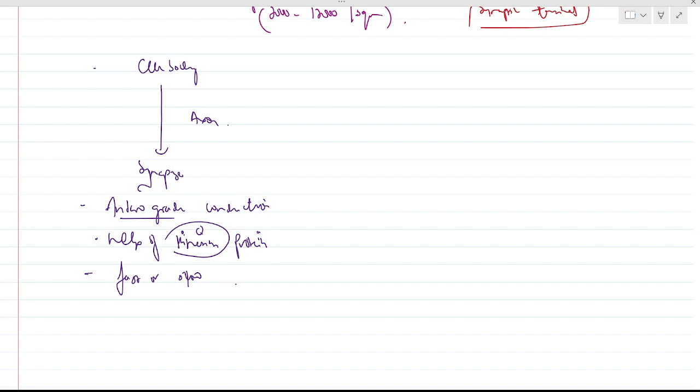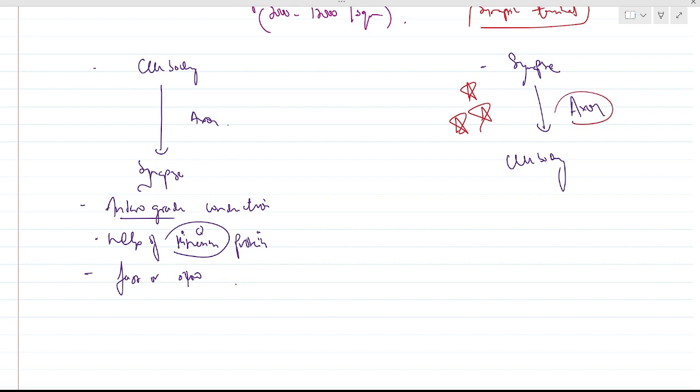Okay. Now the conduction can be in the opposite direction, that is from synapse to the cell body, in the opposite direction through the axon. This is important, so I'm marking it: from synapse towards the cell body through the axon.